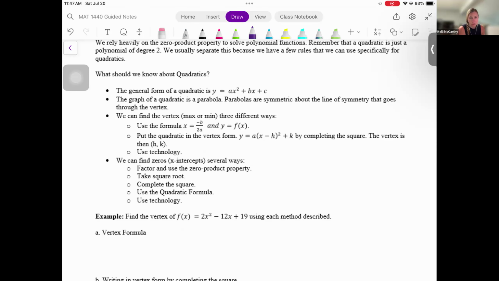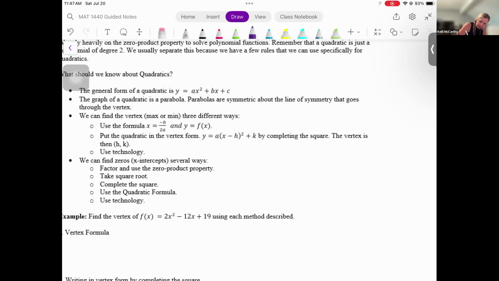The general form of a quadratic equation is y equals ax squared plus bx plus c. We know the graph of a quadratic is a parabola. Parabolas are symmetric about a line of symmetry that goes through the vertex. That parabola being that U-shaped graph, it can open up or it can open down.